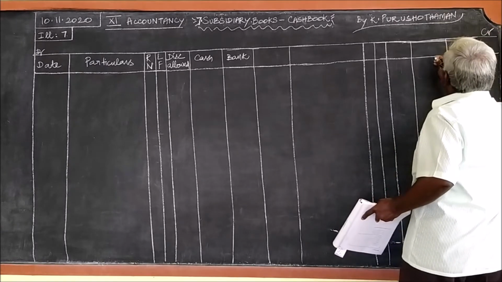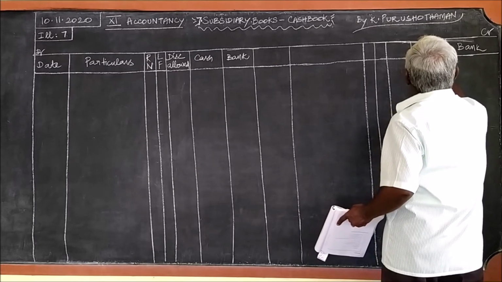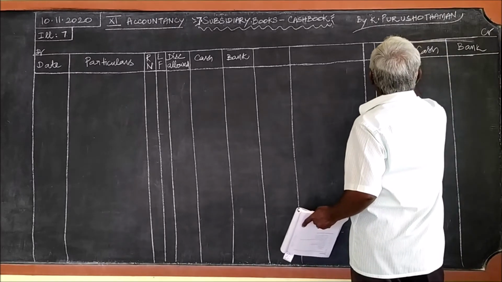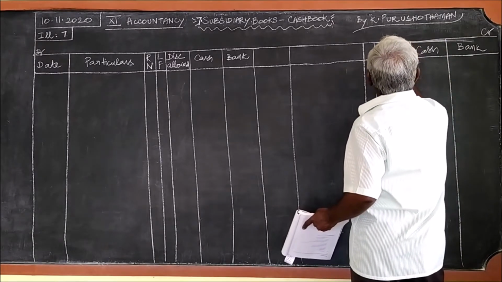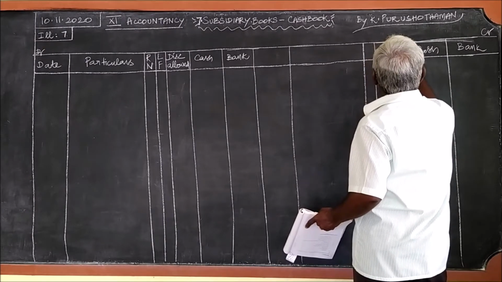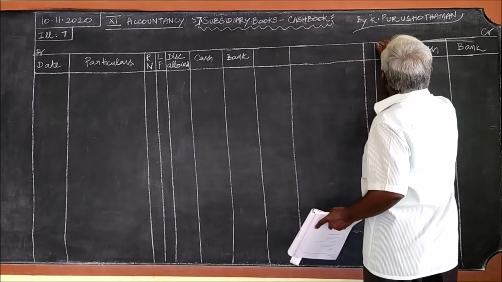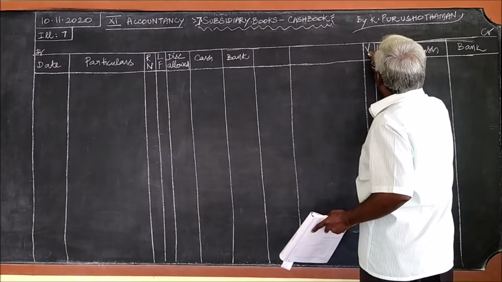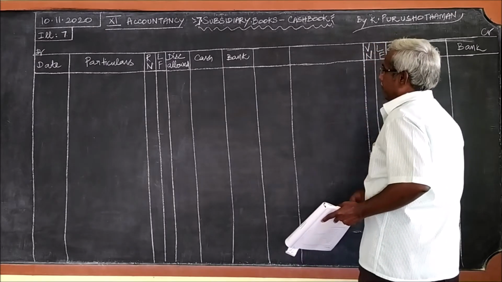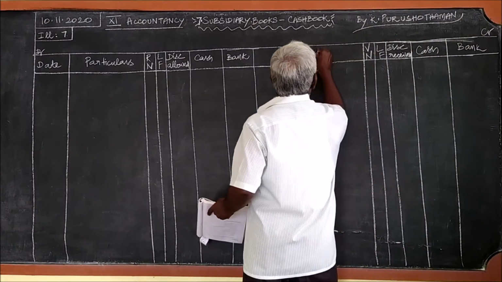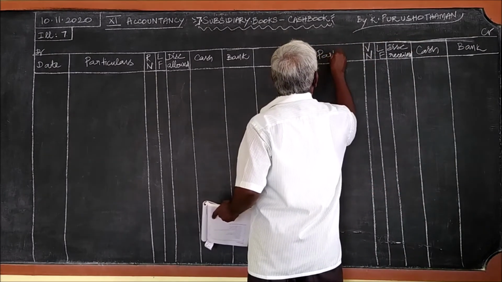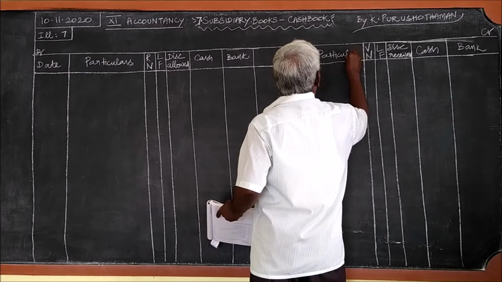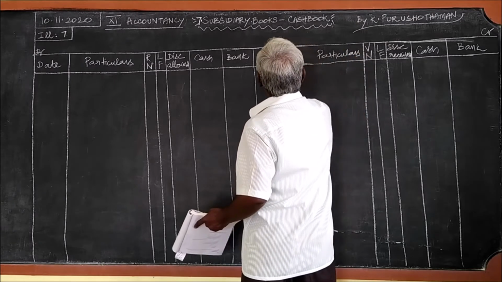This is for the credit side. Cash, discount received or earned, ledger folio, VN, voucher number, particulars, date.